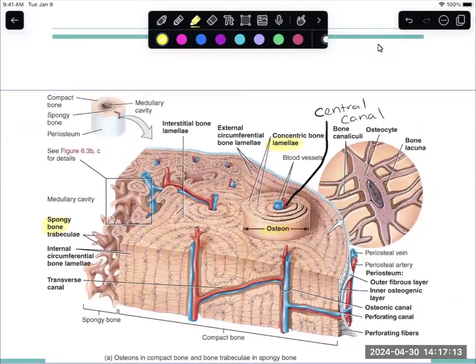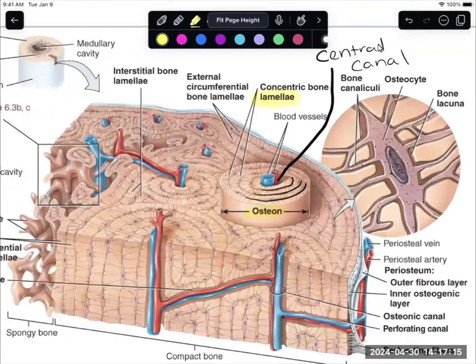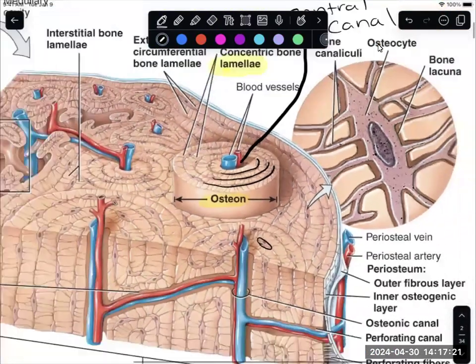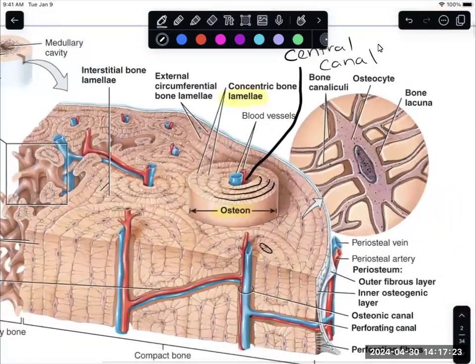Okay, if we look, we see all of these little circles here. Every one of those little circles is an osteocyte. Osteocytes, remember, are the cells that are going to maintain the bone. The osteocytes sit in a lacuna.